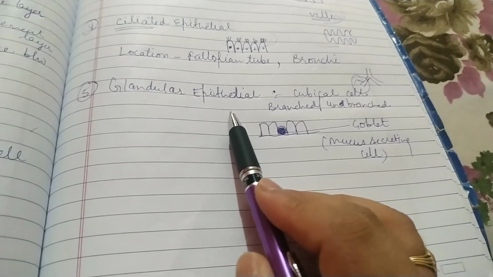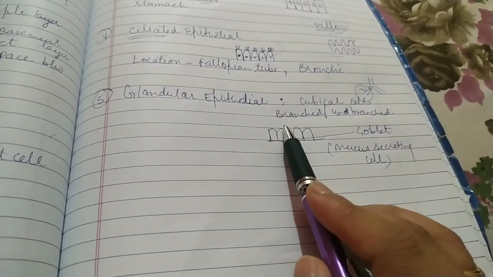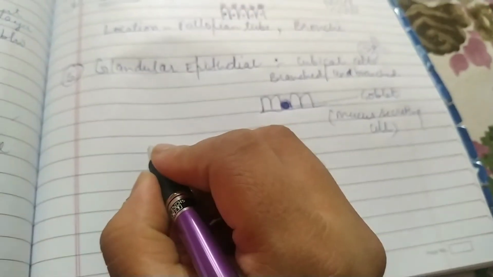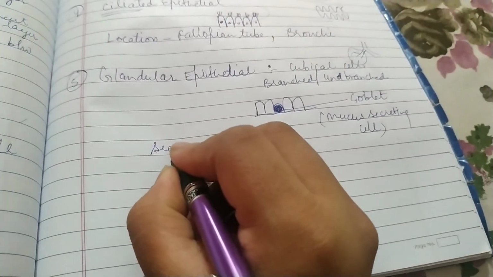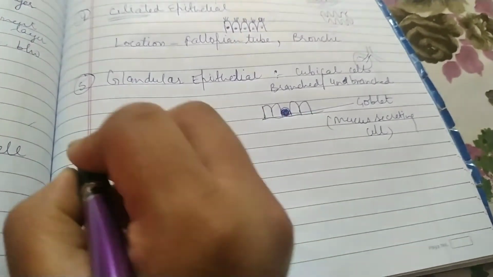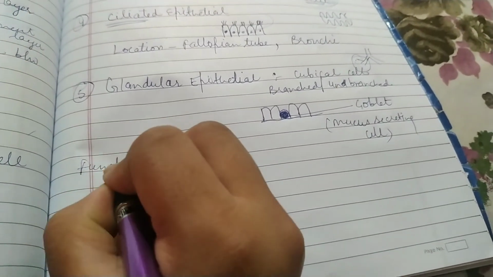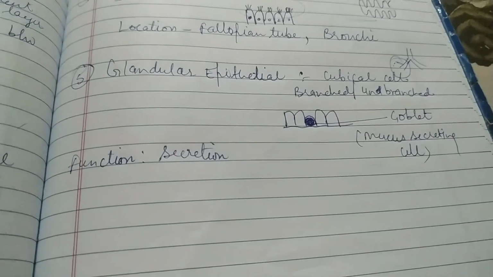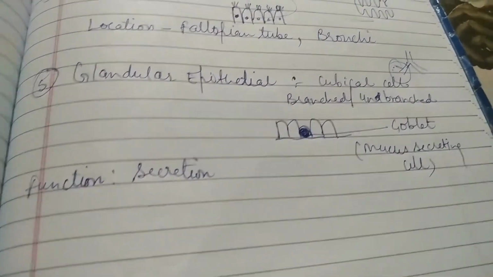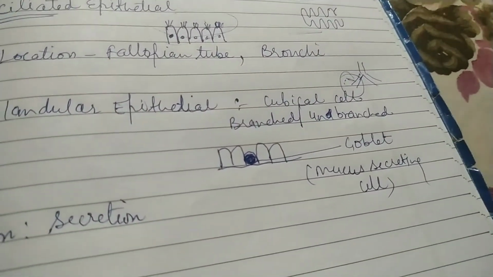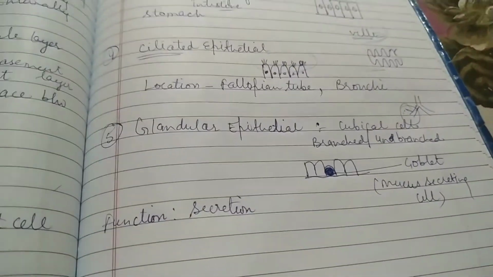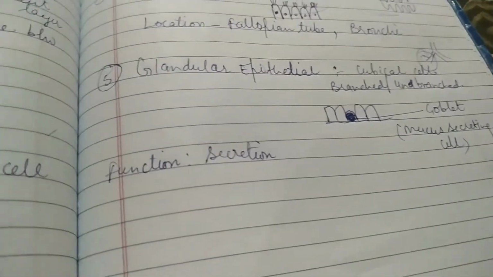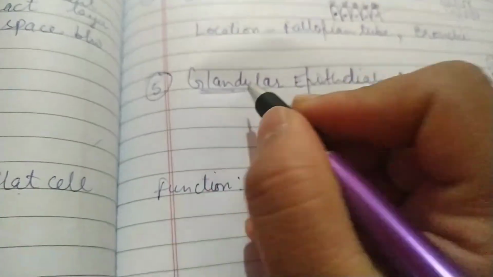And what is the main function of glandular epithelium? The main function of it is secretion. Where it is basically found, as the name suggests, students, glands.